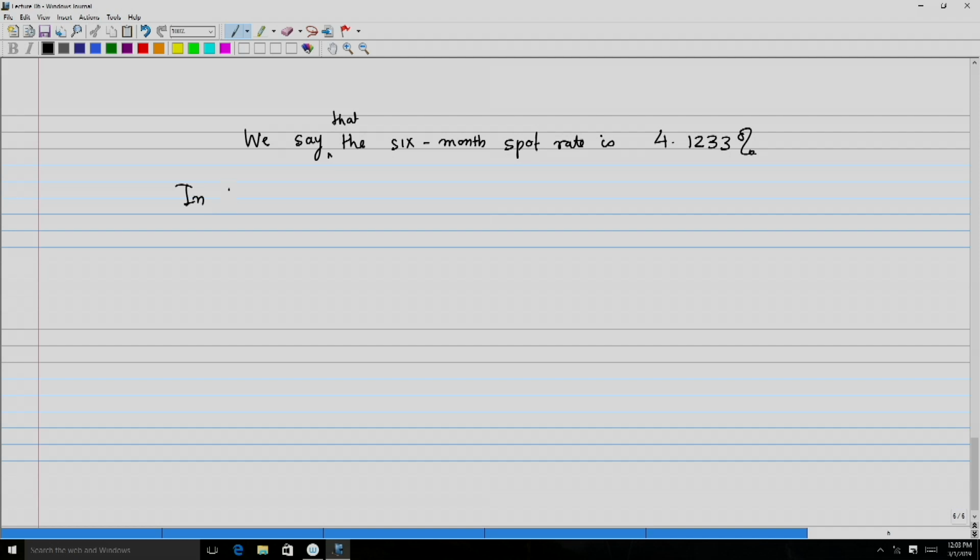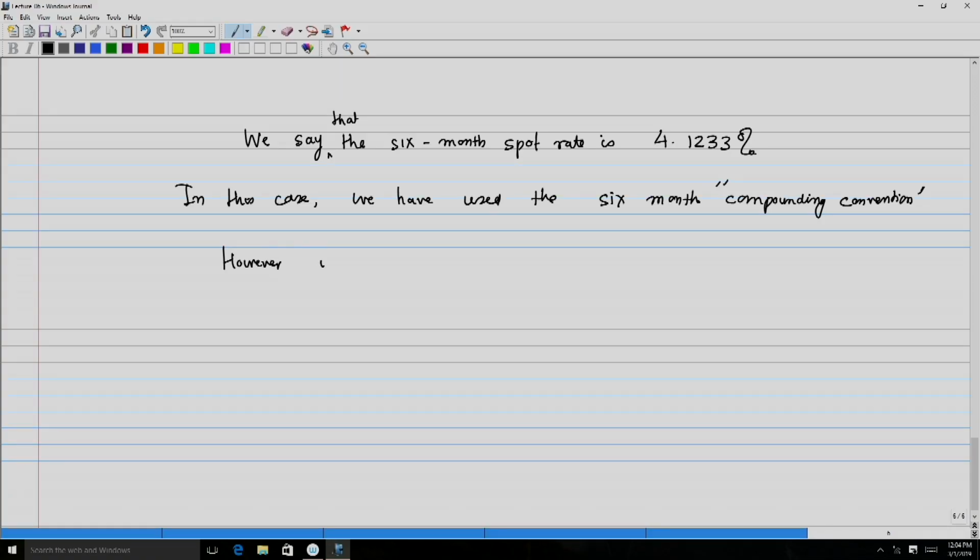So, in this case we have used the 6-month compounding convention. However, we have used basically the compounded interest formula in order to ascertain this percentage.